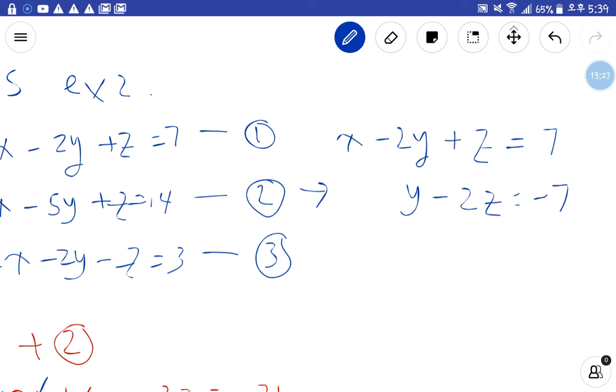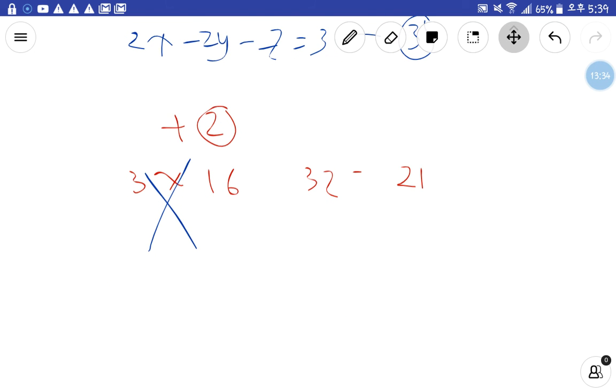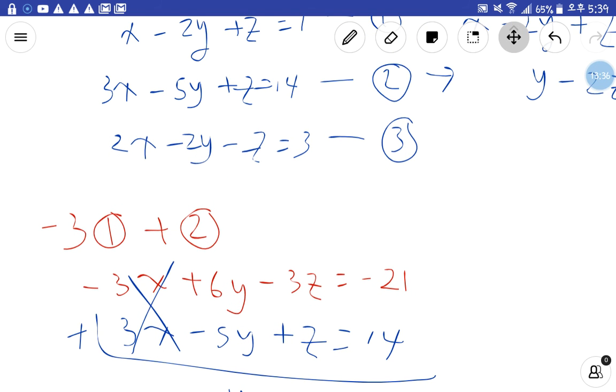Now, what should I do? I have to leave a z, right? So my second step here, my goal is to get rid of my 2x. I don't need a 2x, and I don't need a 2y. You'll just leave a z alone after. So how do we do it? We are going to use the first equation again. Why? Because the first one has a coefficient of 1, which is easy to multiply, right?